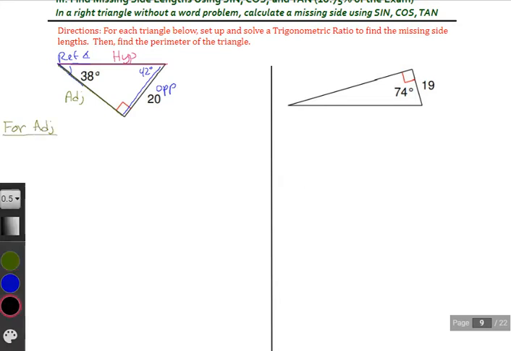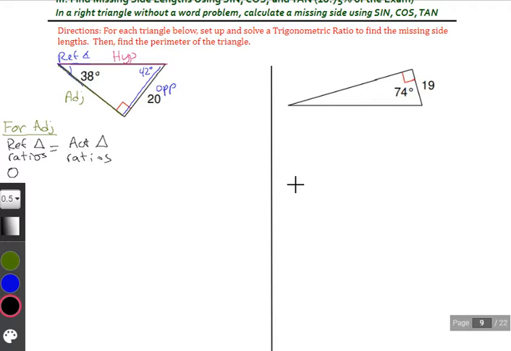So we're going to, again, compare our reference triangle to our actual triangle ratios. Okay, because we know if the triangles are similar, those ratios have to be the same. I want to find adjacent, and I was given opposite, so that means I have to use opposite.